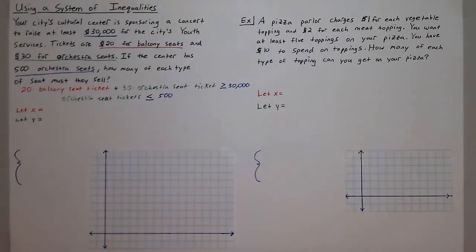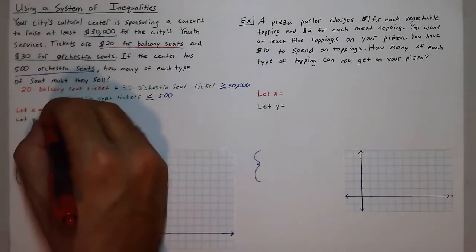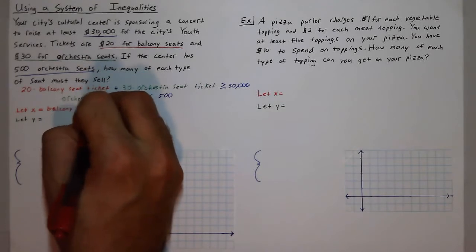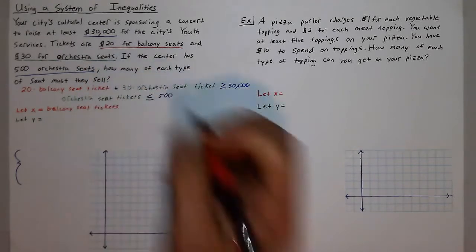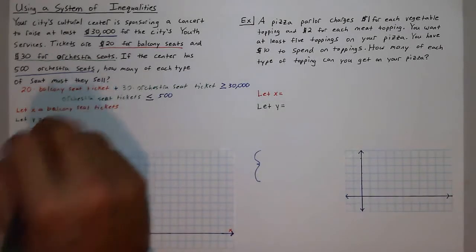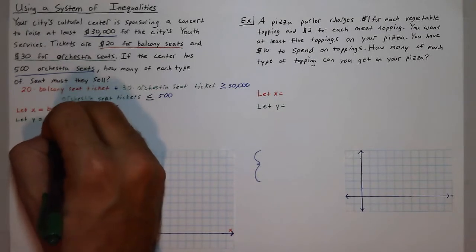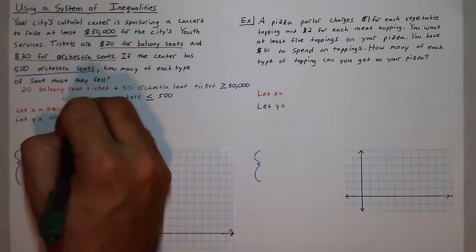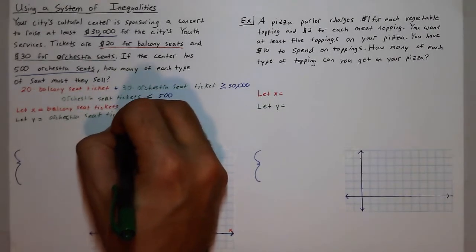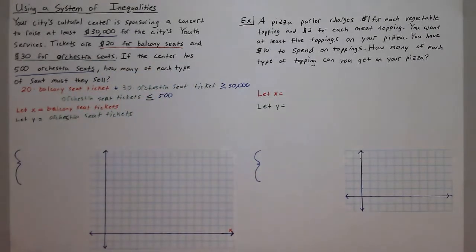So knowing all of this, if I let x equal the number of balcony seat tickets, and I let y equal the number of orchestra seat tickets, I will end up with two inequalities.